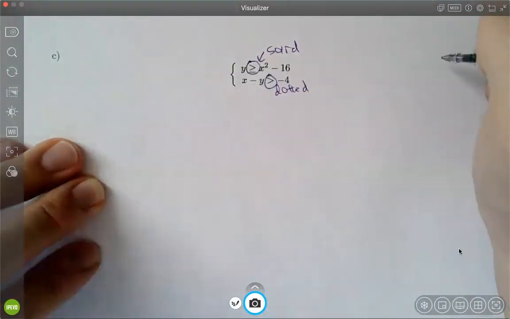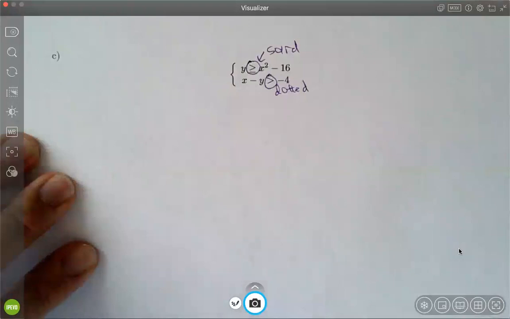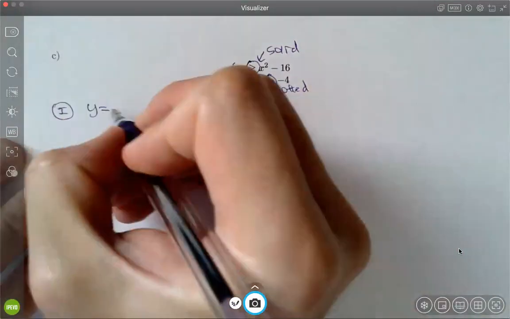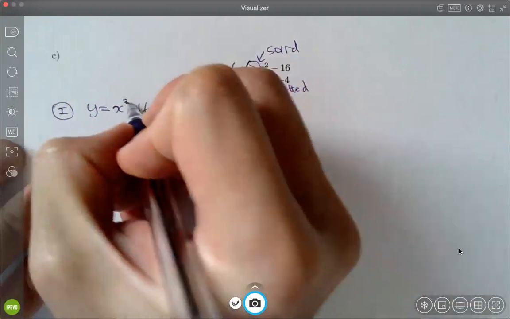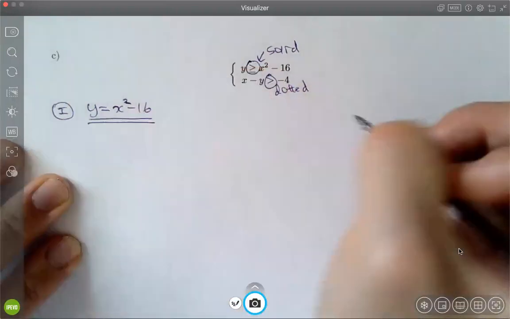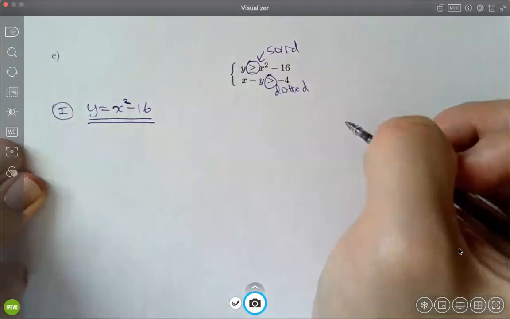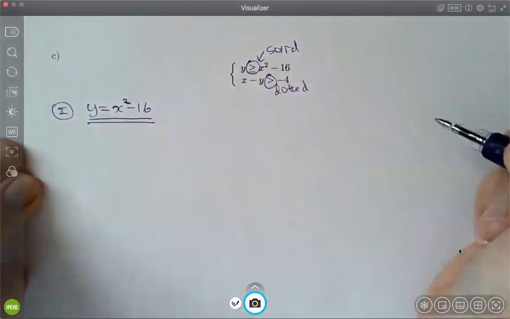Okay, so first we have y equals x squared minus 16. Now, how does the graph of this look? What kind of graph are we going to see?